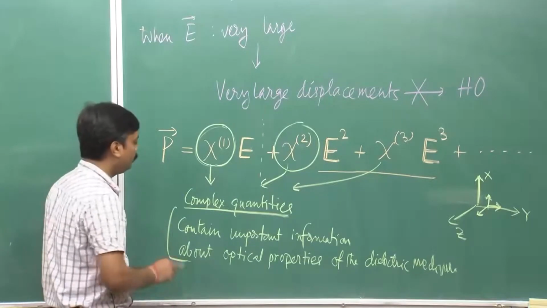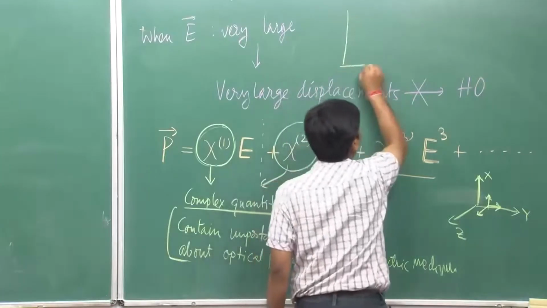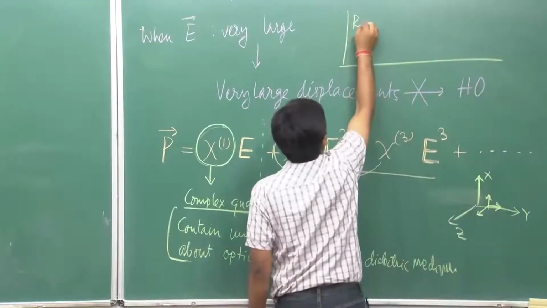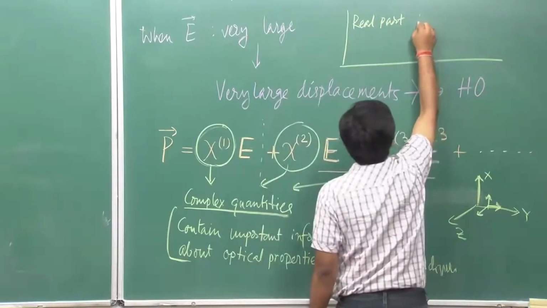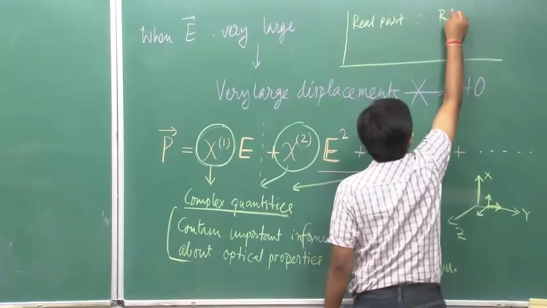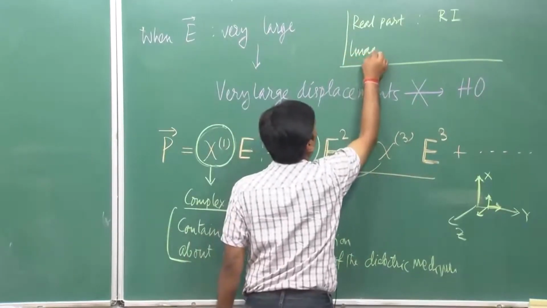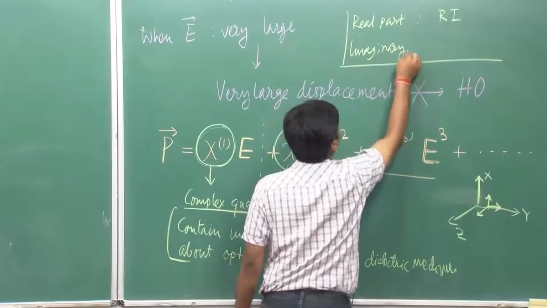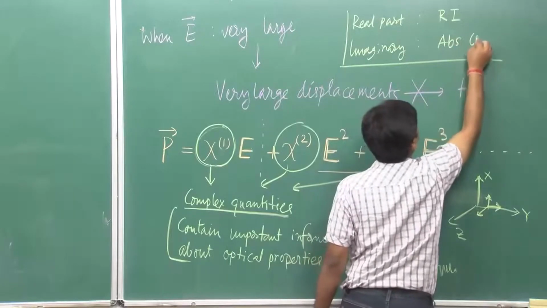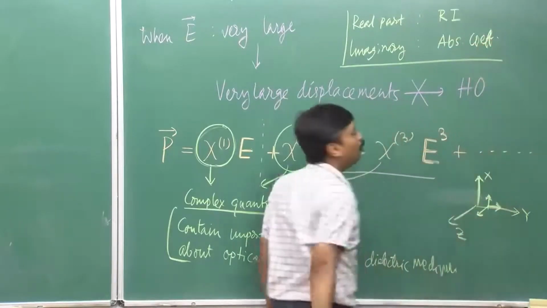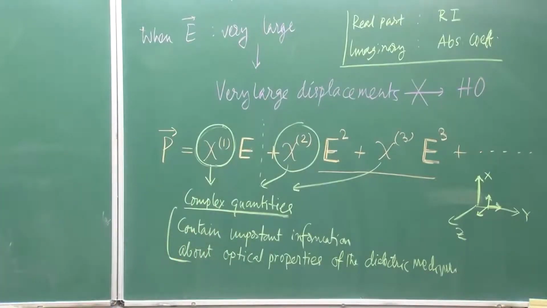The real part of chi will give us information about the refractive index of the medium, while the imaginary part will give me the information about absorption coefficient. We will not talk in too much detail about those things, but we should know at least that part.